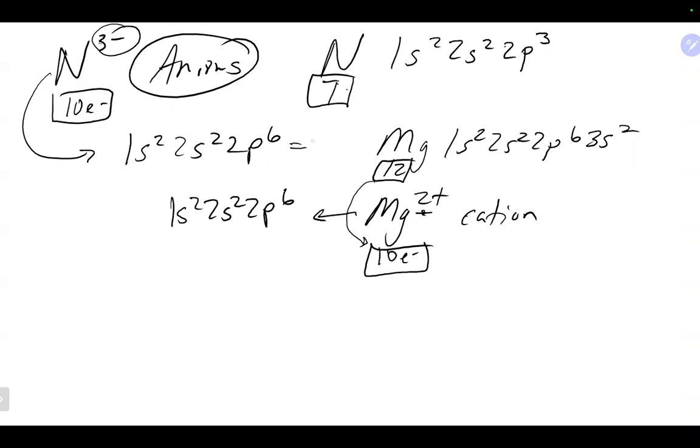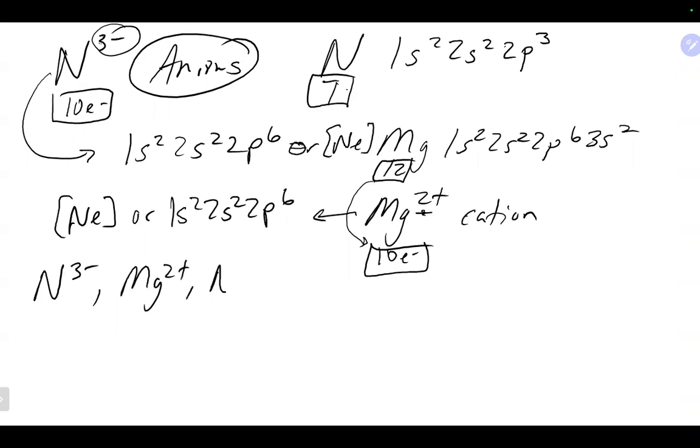It is neon, right? So you could just write neon there. All 3 of those things, nitrogen with a -3 charge, magnesium with a +2 charge, and neon with no charge, have the same electron configuration.